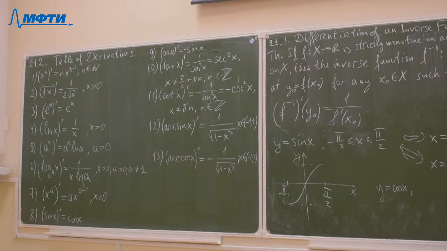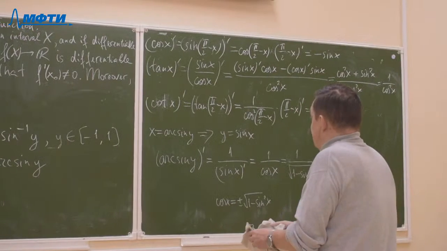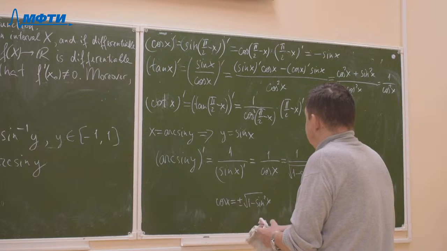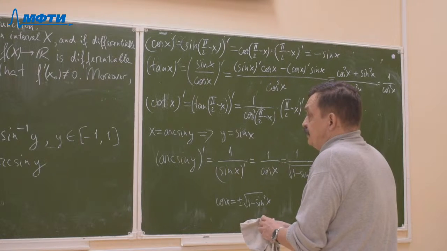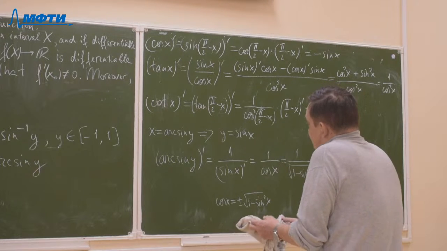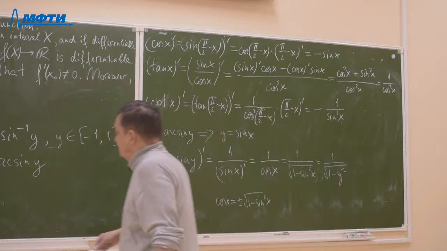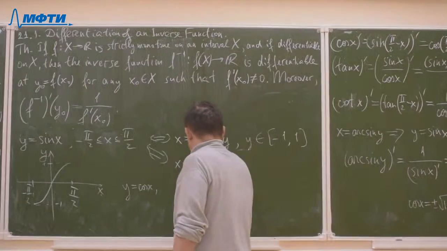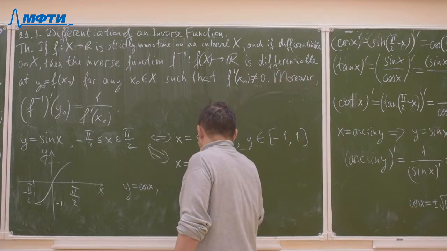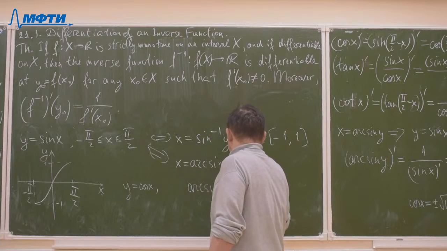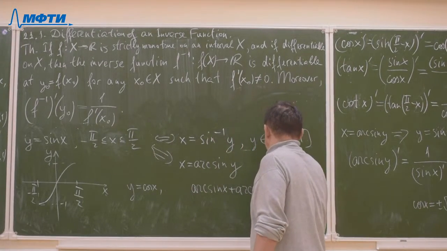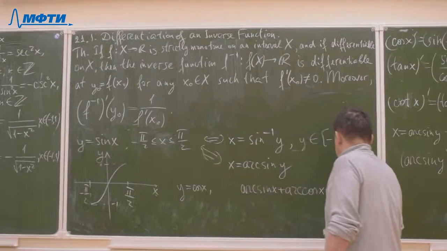So, for arc cosine, we can proceed as follows. There is an easy identity, namely arc sine x plus arc cosine x equals pi over 2.